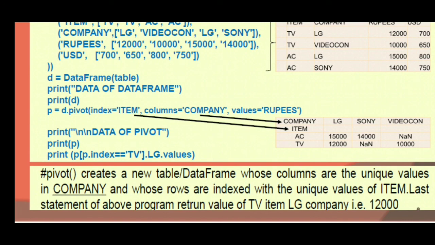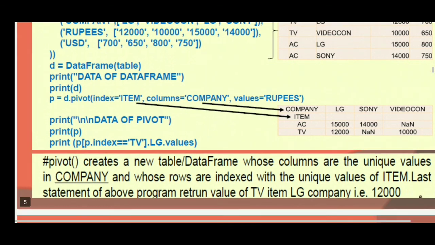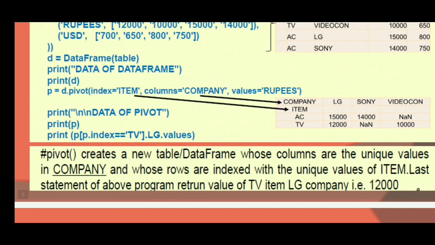Then P is equal to D.pivot, index is equal to item. Now we have taken index as item name, columns as company, and values as rupees. When you display it, it will display like print(P), and P.index is equal to TV, .LG, .values.